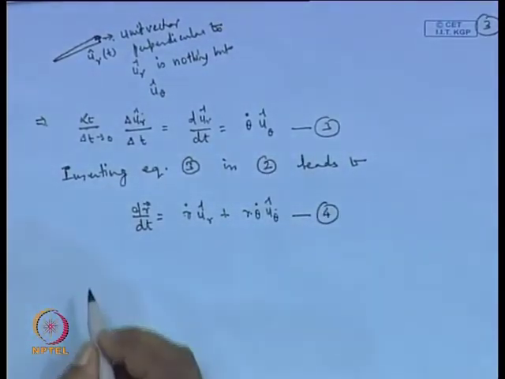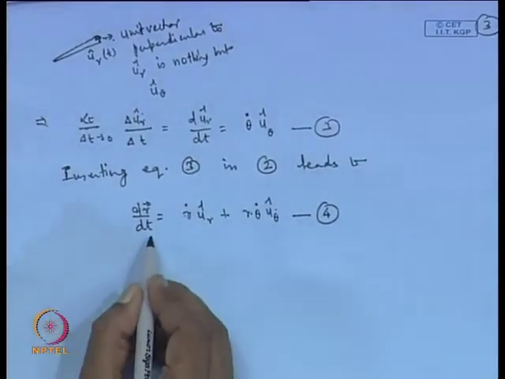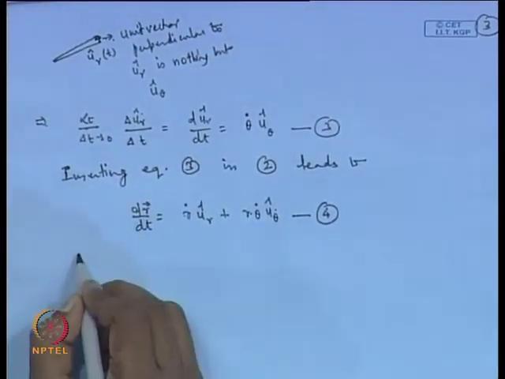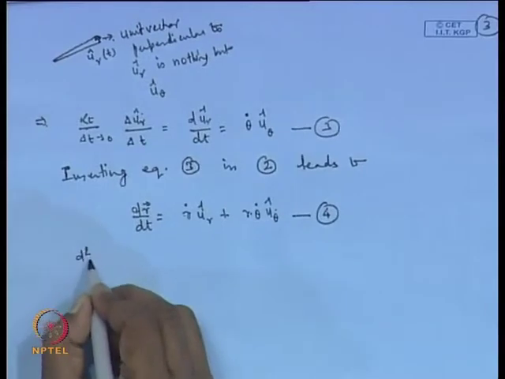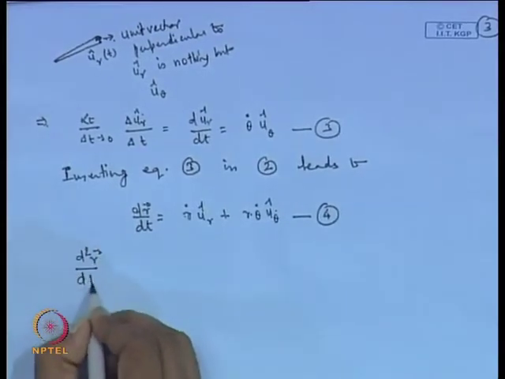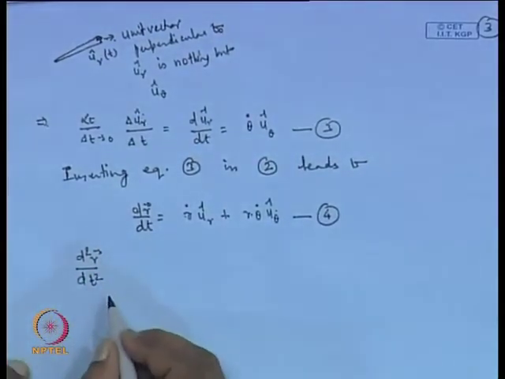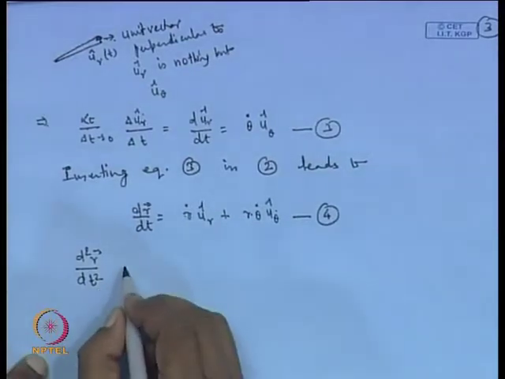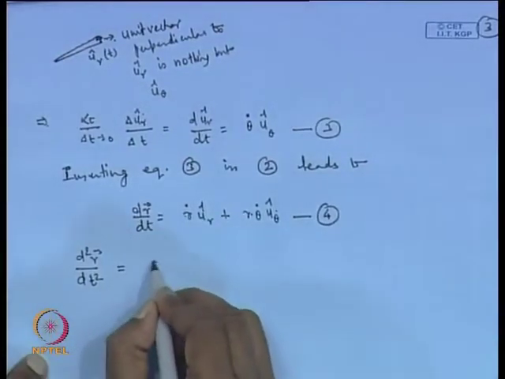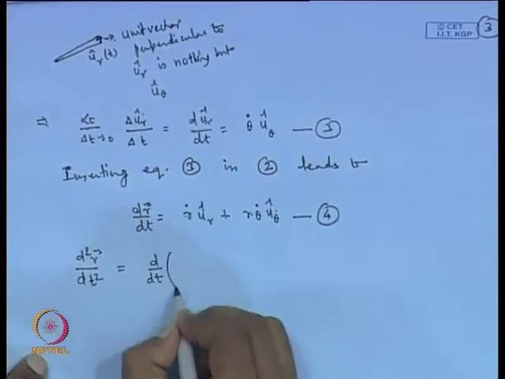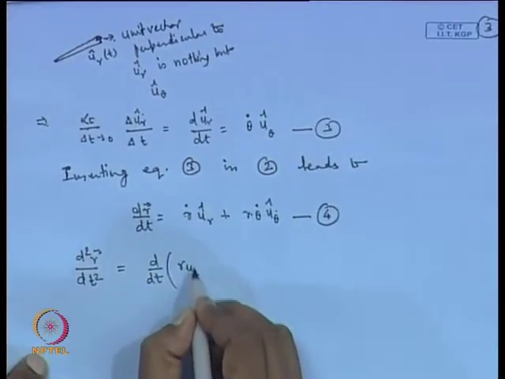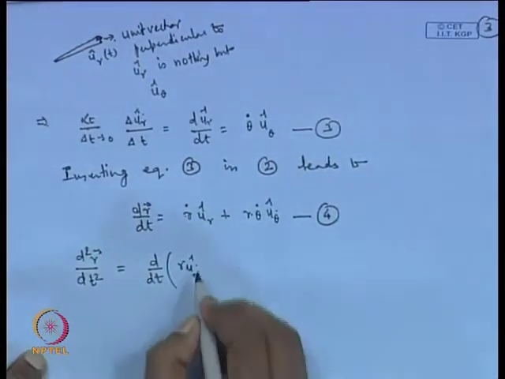Then the next step is to find the second differential of this. So, now we can determine d square r by dt square, again differentiating equation number 4.